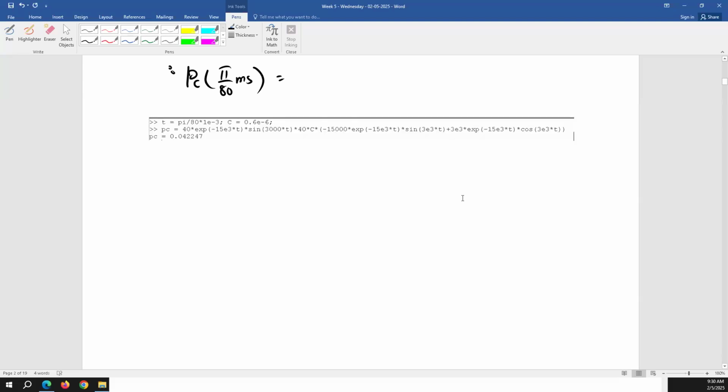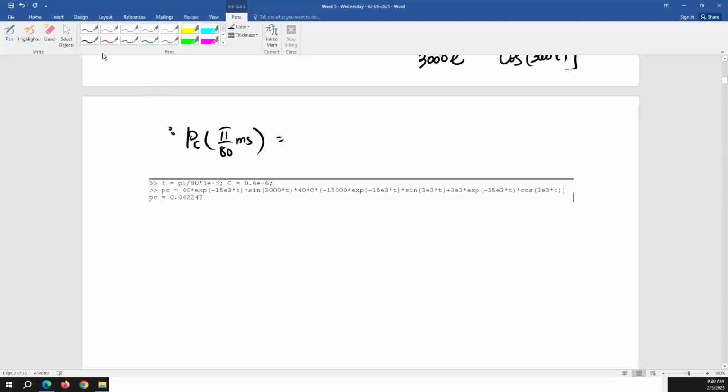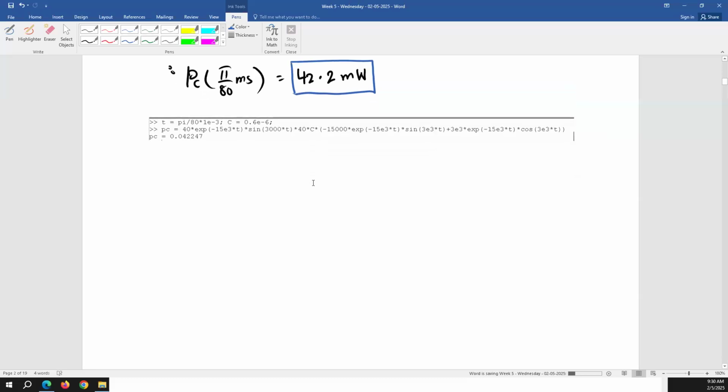So your capacitor power is 42.2 milliwatt. At that instant of time, this is how much power the capacitor has. And the calculation is there.